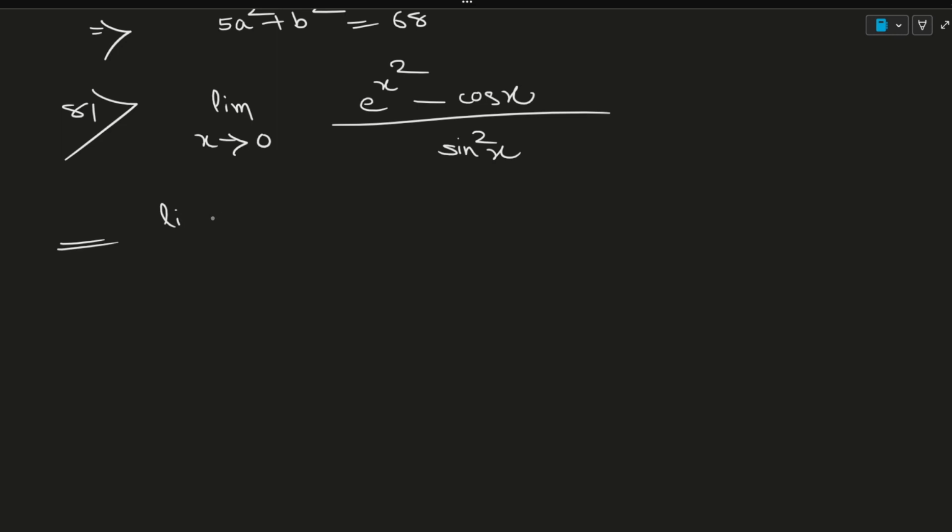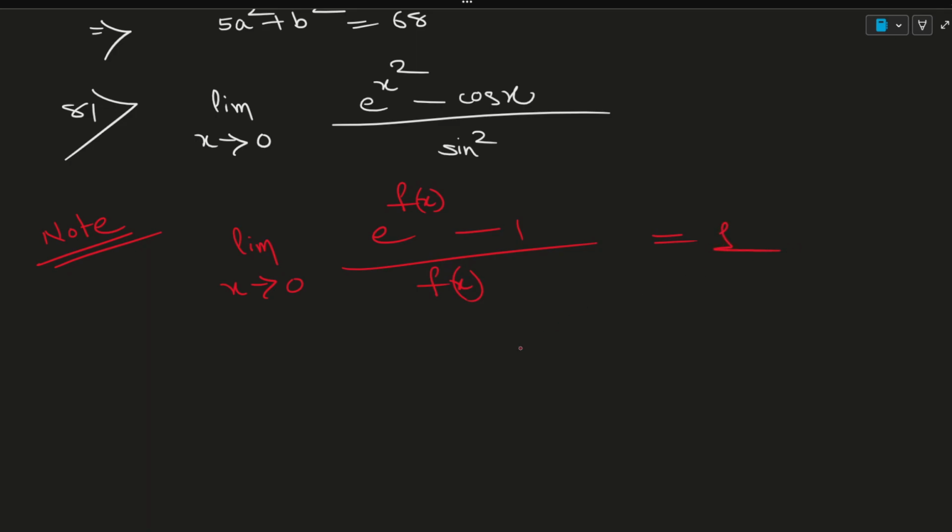Before solving this question, I would like to write one note here, and the note is that limit x tends to 0 e to the power f of x minus 1 divided by f of x will be equal to 1, when limit x tends to 0, f of x is equal to 0.